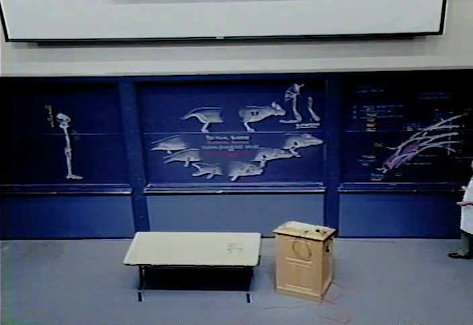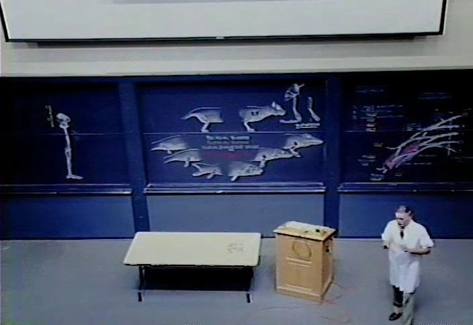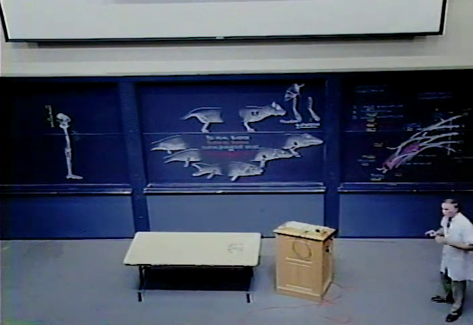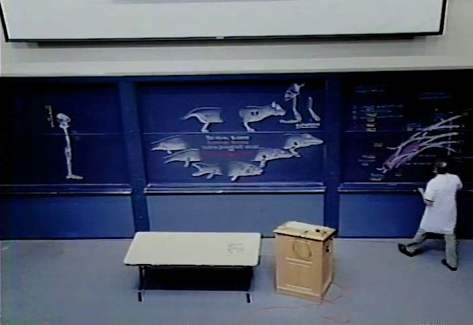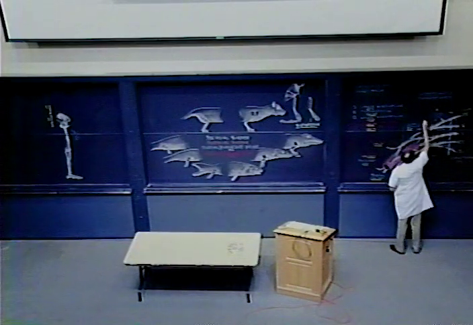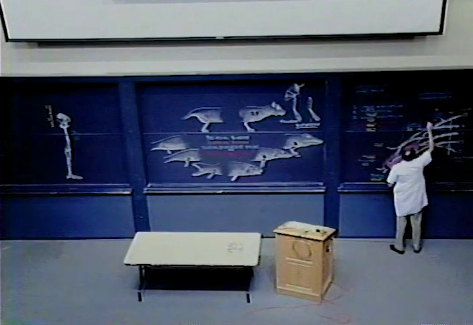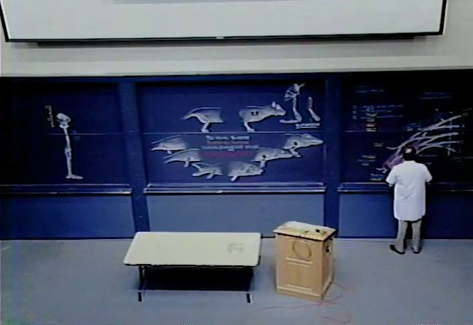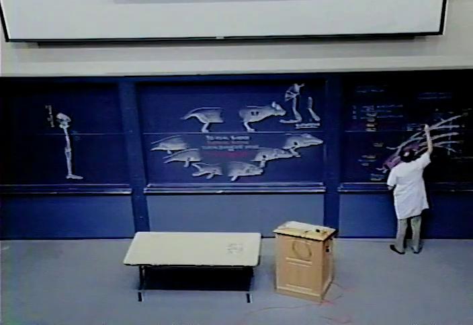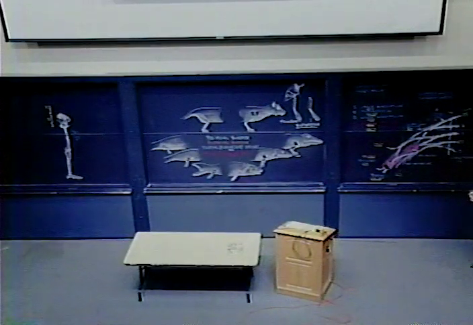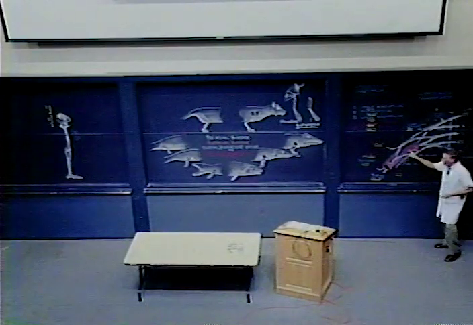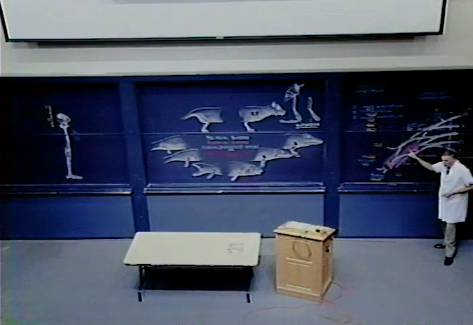The next stage in this decussation is the most critical, because here we are forming anterior and posterior divisions. These trunks are dividing anteriorly and posteriorly. And they're going to do so anteriorly and posteriorly with respect to this, the axillary artery.